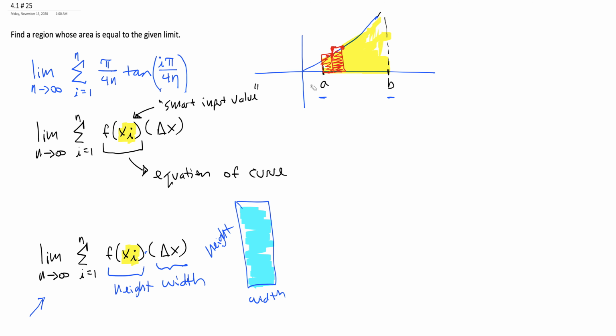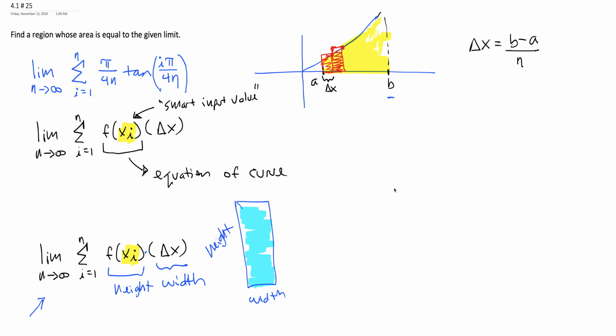So let me move this A a little bit, put it over here. All right, so we're going to have these equal width rectangles, and that width is represented by delta x. And delta x is equal to b minus a over n.